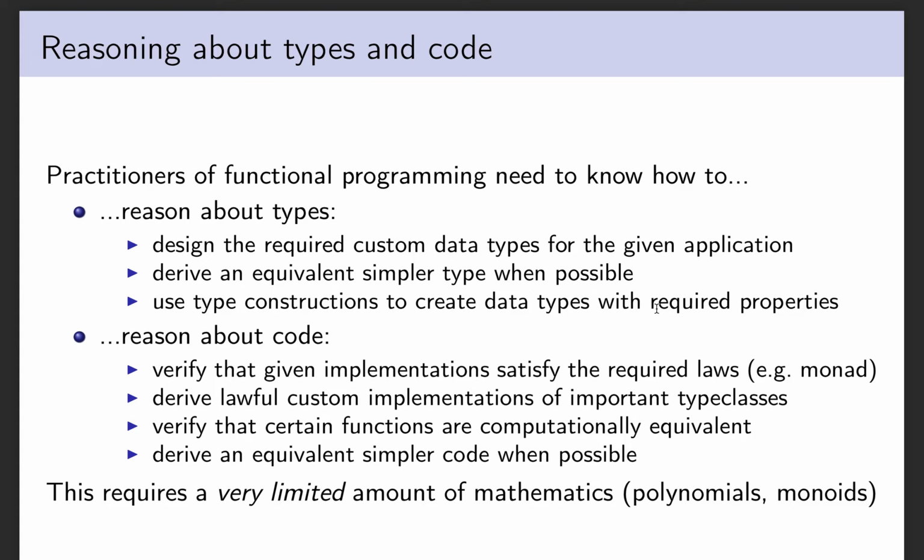Another example is that you're simplifying a function. You have a function, and another one is equivalent to it, gives the same results, and is simpler. So you can derive that. Learning how to reason about this requires a very limited amount of mathematical knowledge.